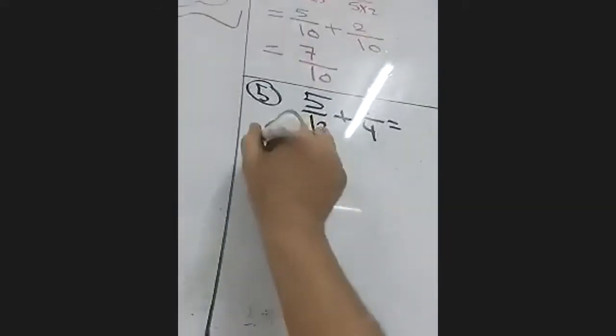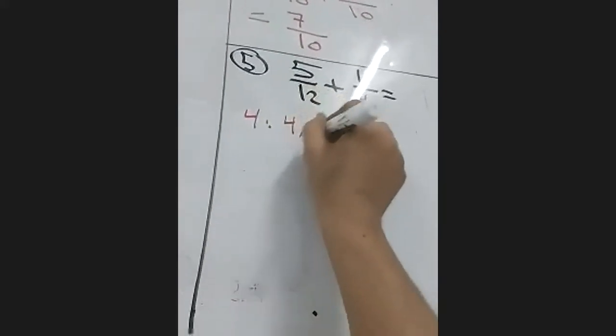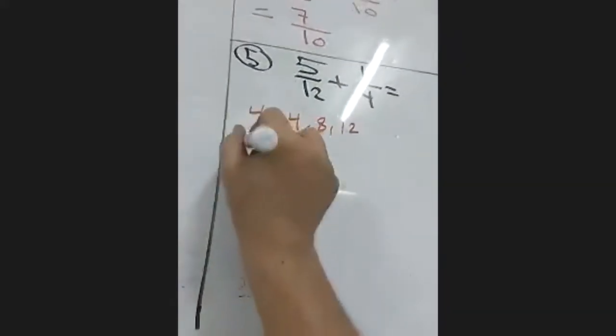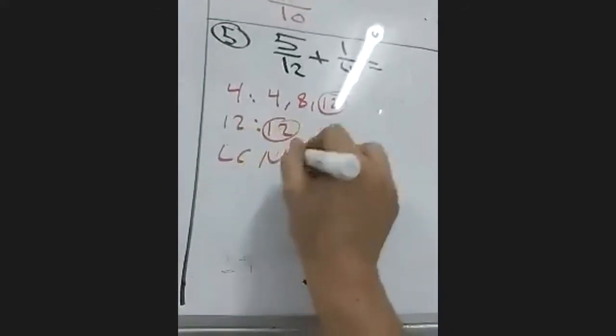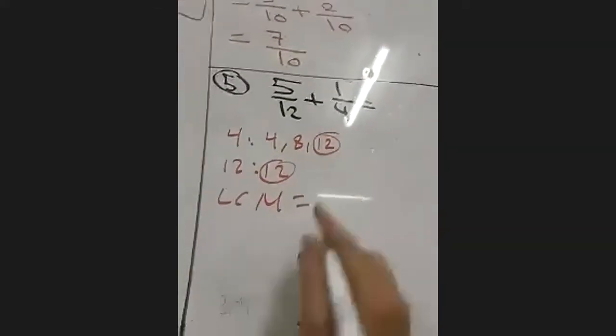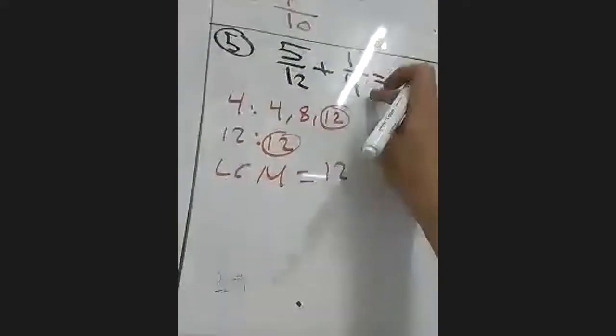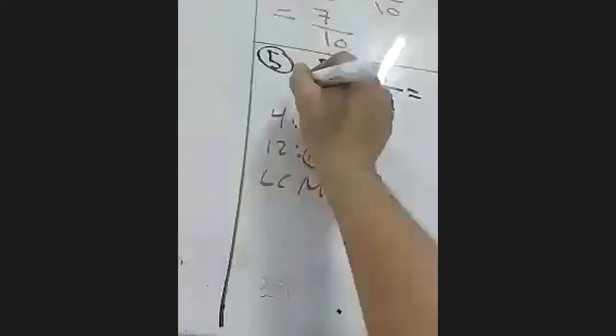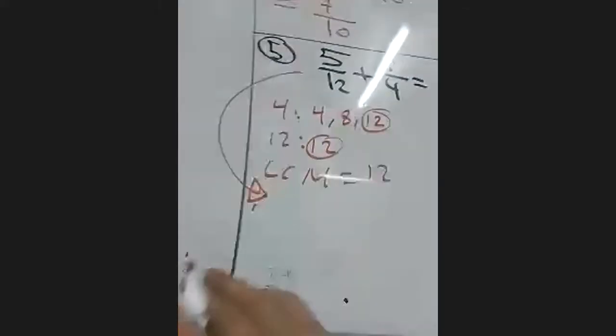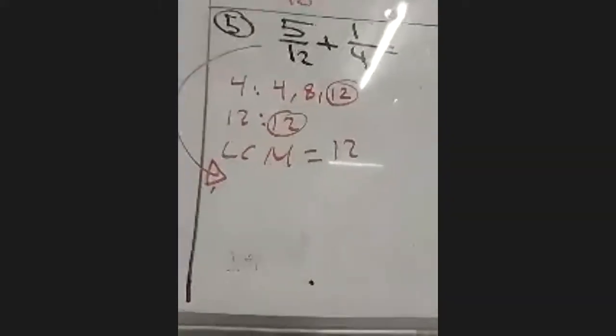Look here. 4, 8, 12. And the 12 is a 12. So what's the least common multiple? 12. Now you make 4 to be 12 by multiplying with 3. So it is not the 3 the least common multiple. Got it?